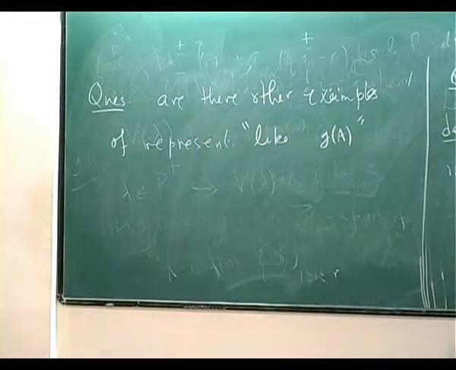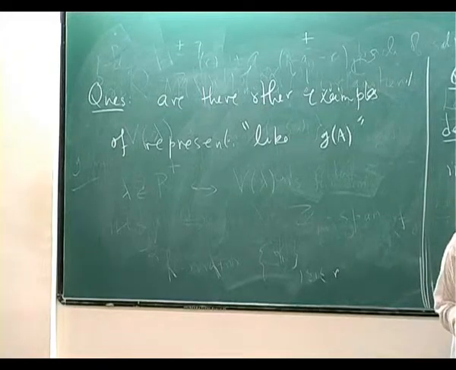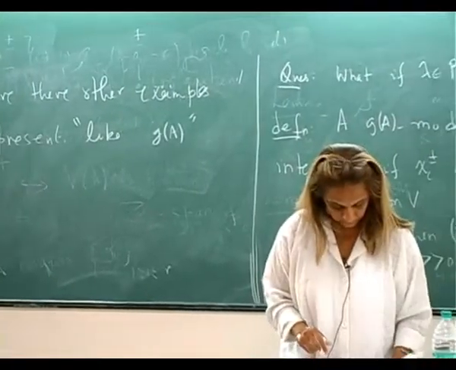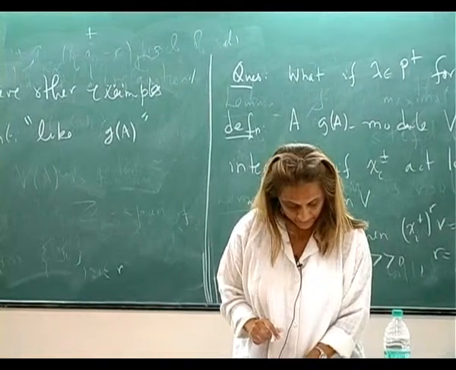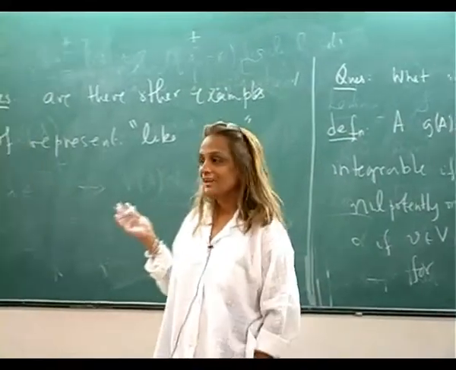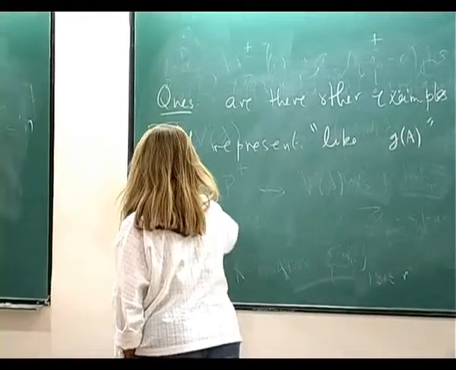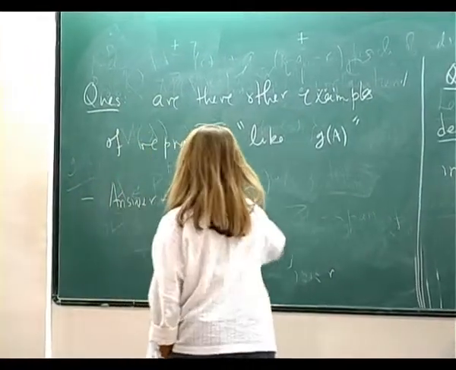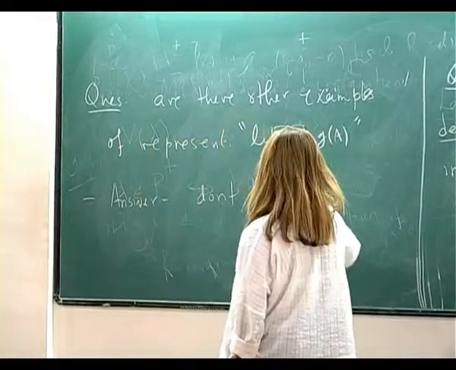This is a very poorly formulated question, but still, is it a one-off? Is there something else? Is it part of a bigger family? Is there any interesting representation theory? And the answer is, I don't know, in the general Kac-Moody case. I don't know how to answer this question. I don't know how to formulate a sensible question. No.